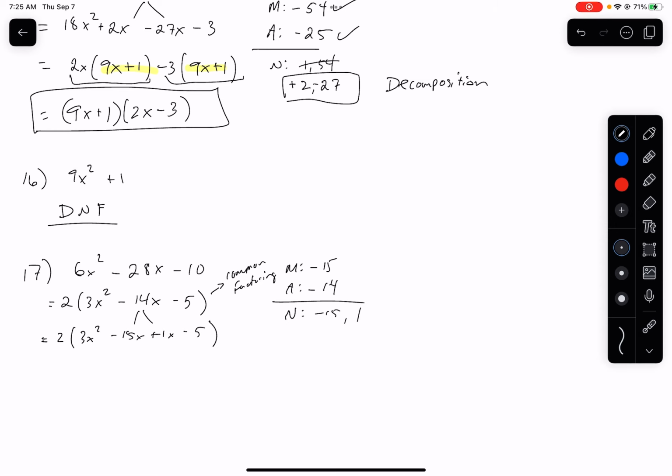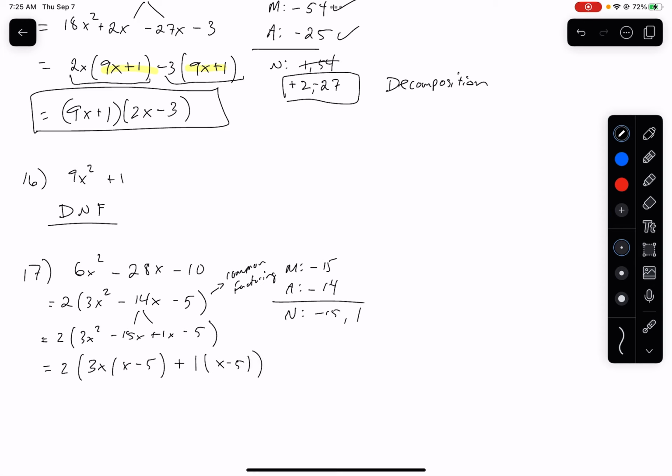We're going to close the bracket and then factor the inside by grouping. So 2 across the first two terms, 3x is what's in common, and we're going to be left with x minus 5. And then on the other side, we're going to be left with just a plus 1. I can remove a plus 1 from both of those two things, and then x minus 5 again.